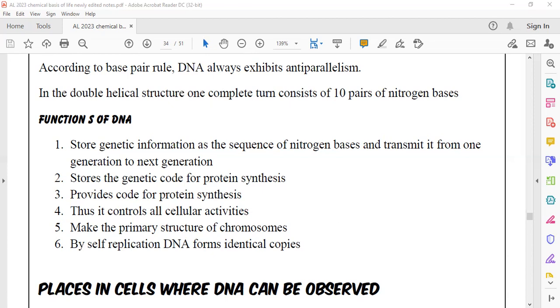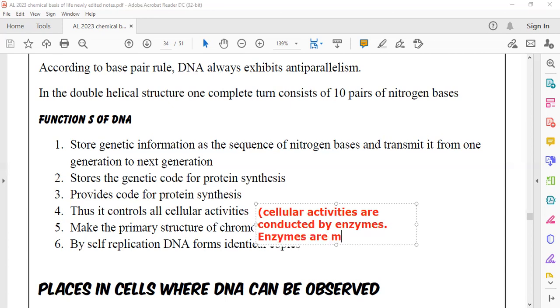Cellular activities are conducted by enzymes. Enzymes are mostly proteins.